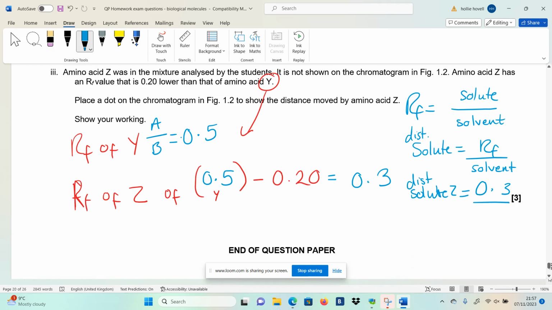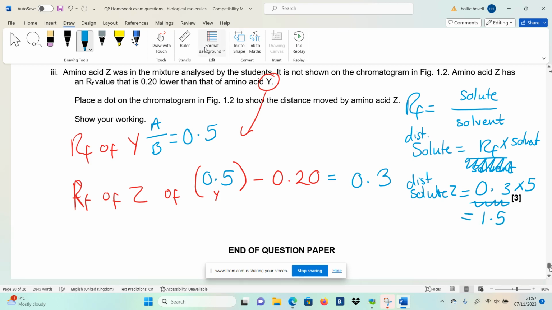Oh, I've just realised I've rearranged this wrong. I beg your pardon. So that should have been times the solvent. Sorry, I can't rearrange equations. Silly me. So it'd be 0.3 times the distance moved by the solvent, and the solvent you should have measured was about 5 centimeters or 50 millimeters. So we're going to times it by 5, and that should equal 1.5.